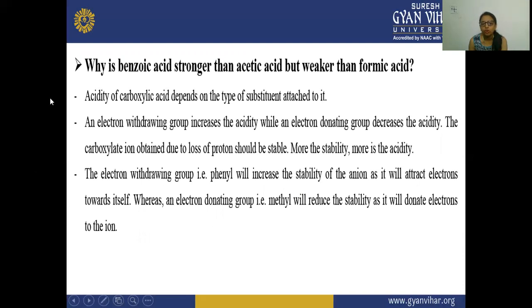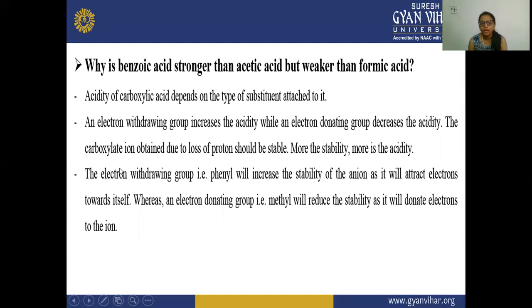So the acidity of the carboxylic acid depends on the type of substituent attached to it. If an electron withdrawing group is attached to the carboxylic acid, there will be an increase in the stability and an increase in the acidity, and an electron donating group will decrease this acidity.